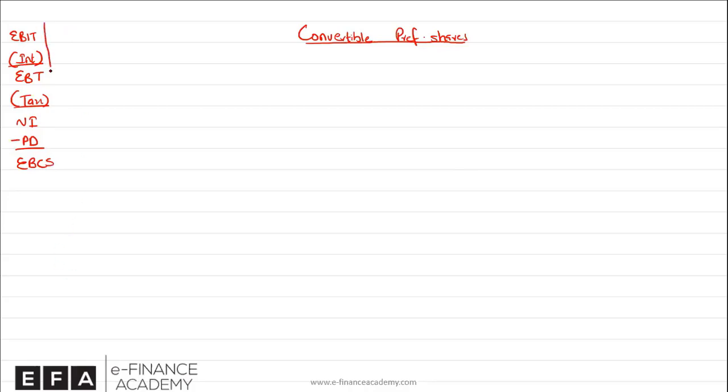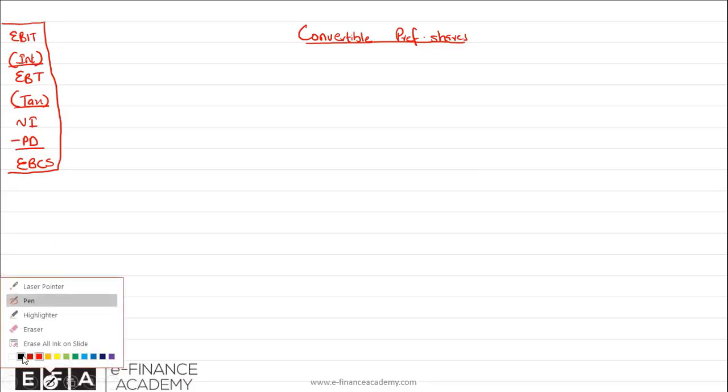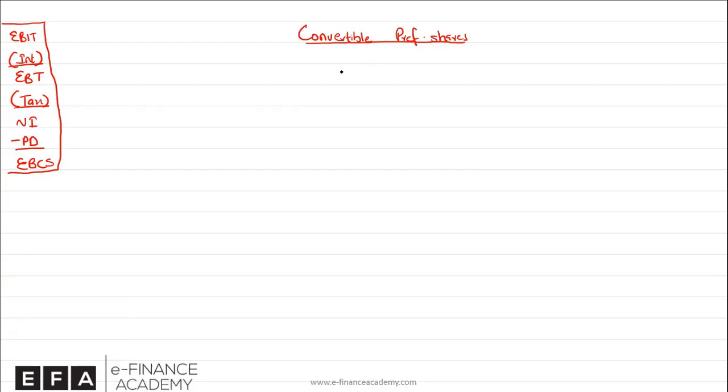Now, in order to decide whether a security is dilutive or not, we will do an exercise on paper, which would be what would be the EPS if it's not converted, and what would be the EPS if it's converted. So basically, we are doing what-if analysis.